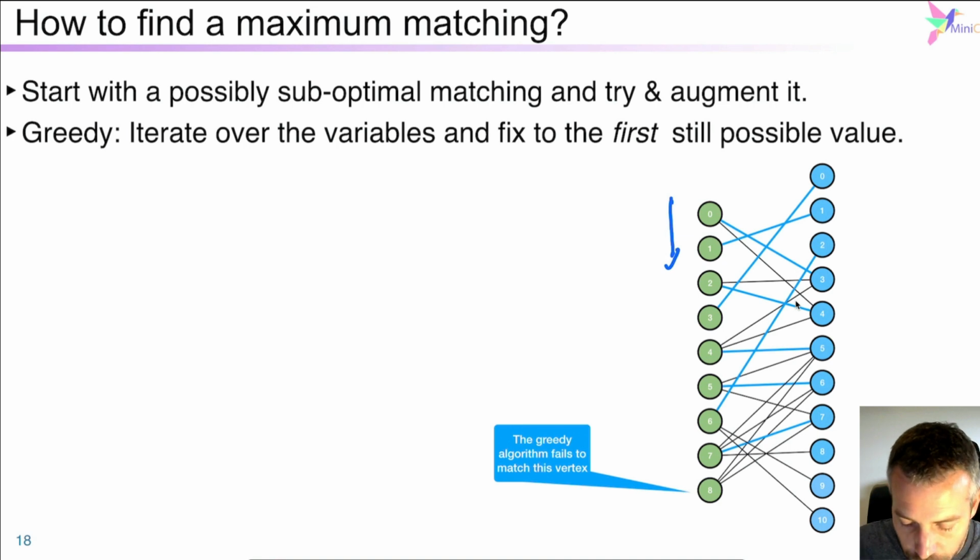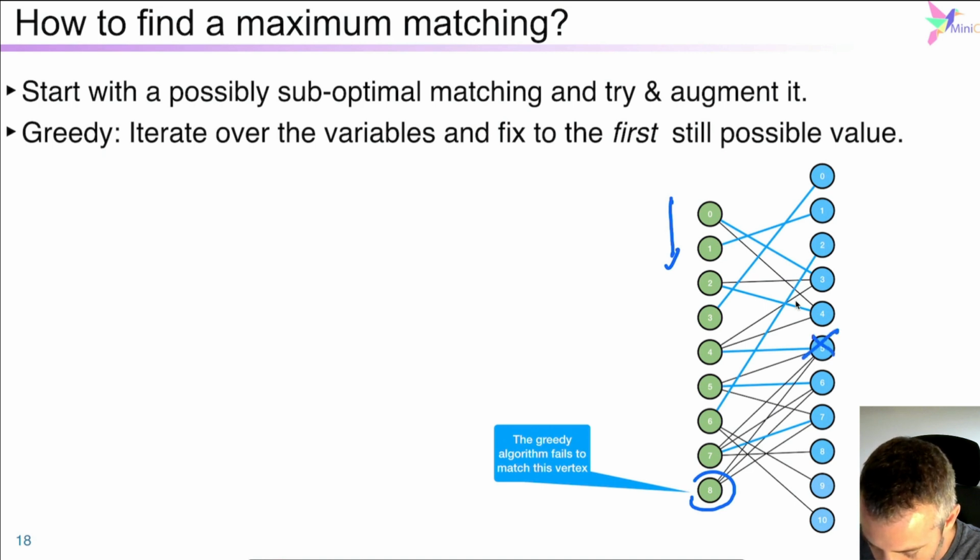But with this greedy algorithm going from the top to the bottom, you might end up in a situation in which you will not be able to assign, for instance, the last variable, and still there exists a maximum matching of cardinality equal to the number of variables, although you wouldn't be able to detect it with this greedy strategy. And that's the situation that we have here. We see that 8 here, okay, we cannot assign it to this one because it's already matched.